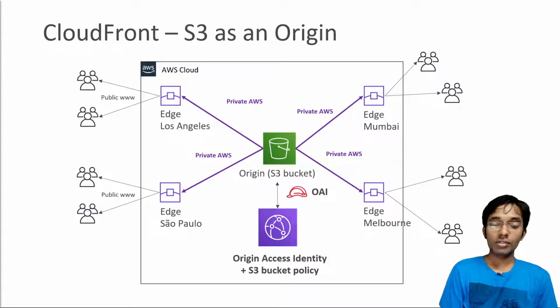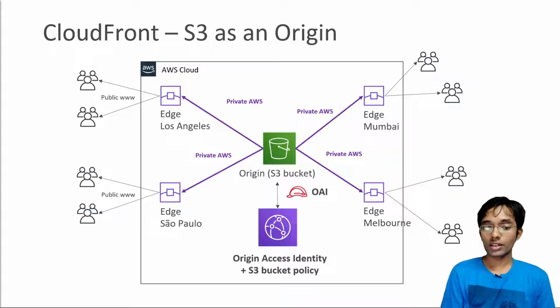The idea with OAI is that as soon as this is in place, no one can access the S3 bucket, but CloudFront can. And so we have effectively secured the S3 bucket to guarantee that the only way to distribute content out of it is through CloudFront.